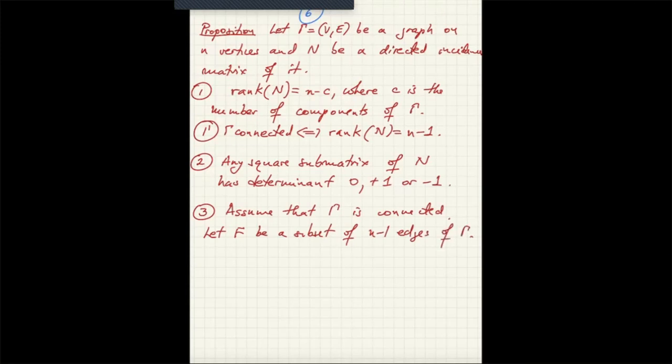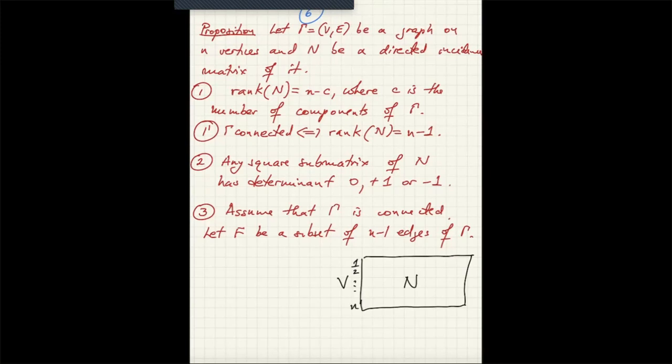Okay. Now the way to think about what happens here, so we have this matrix. So this is N. We have the vertex set here. So you have vertices 1, 2, up to n.